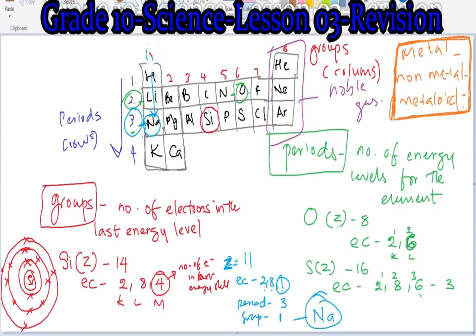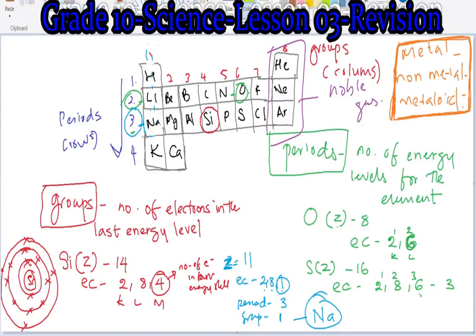There is only one metalloid in your small periodic table, which is silicon. That is easy.